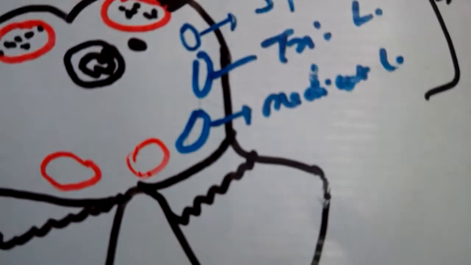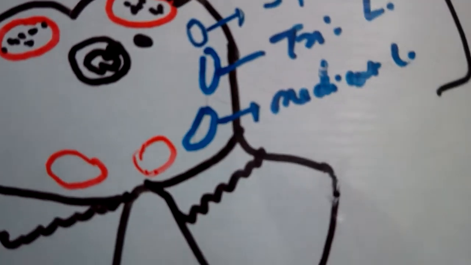In a fresh specimen it is red or pink in color due to its high vascularity, or high blood supply, and iron-containing pigment.